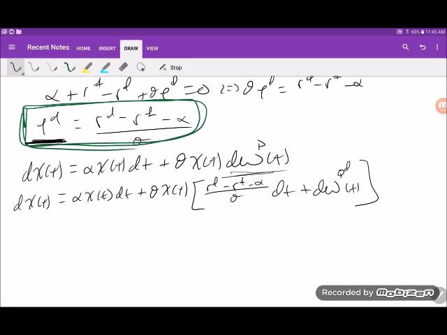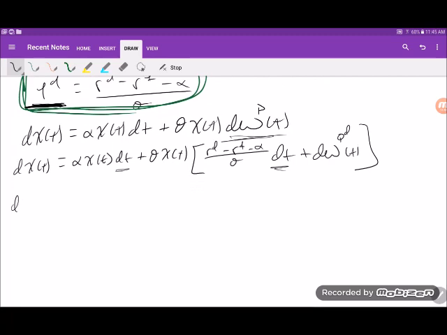Alright, so simplifying this, combining our like terms, we're going to get that dx equals, let's see here. So first note that this sigma cancels with this here.